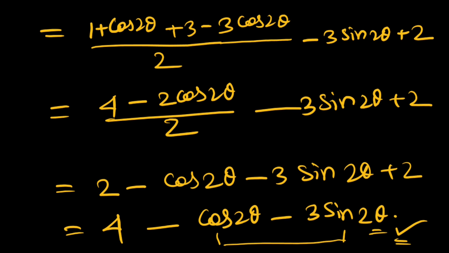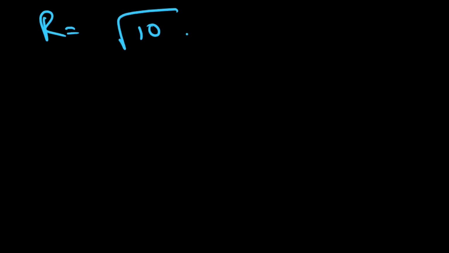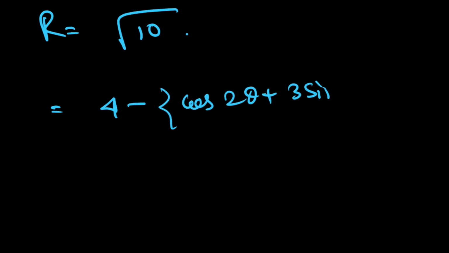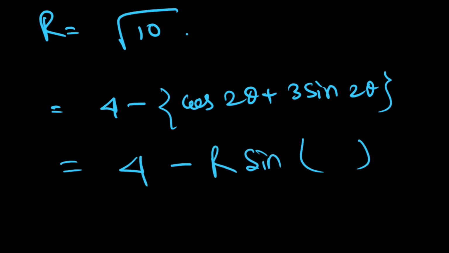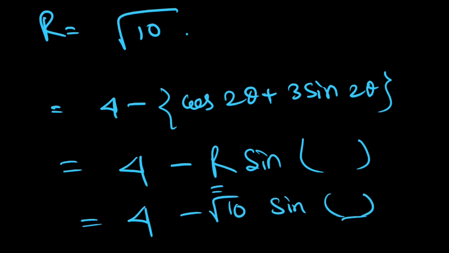So we put this maximum value for cos 2 theta plus 3 sin 2 theta. We write our function, simplified in this way, as 4 minus cos 2 theta plus 3 sin 2 theta, that is 4 minus r in terms of a sine function, where r is root under 10.